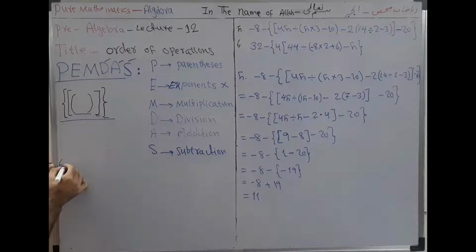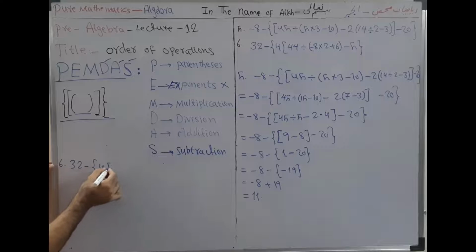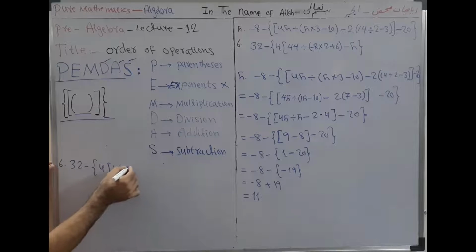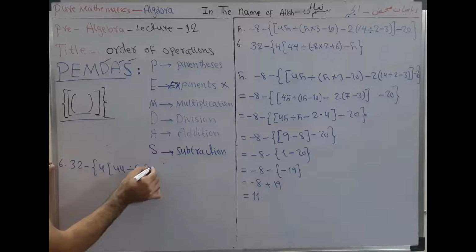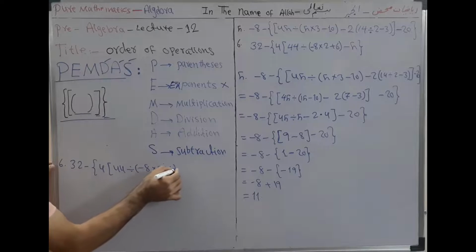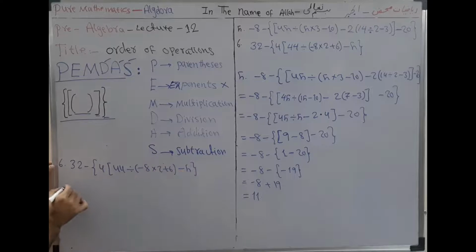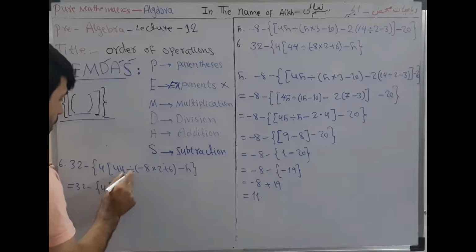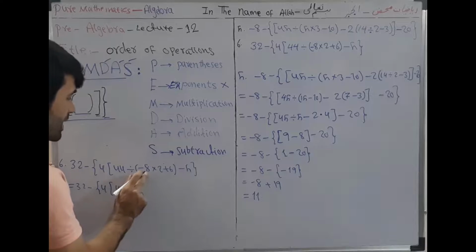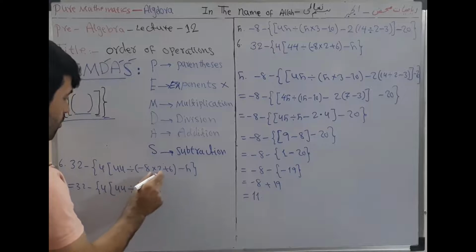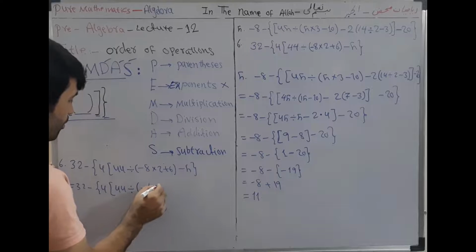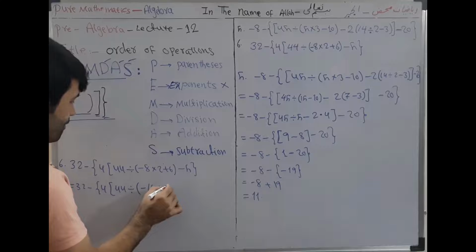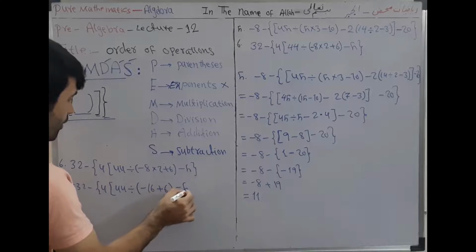Question 6. 32 minus 4 multiplied by 44 divided by minus 8 multiplied by 2 plus 6 minus 5. It is equal to 32 minus 4 multiplied by 44 divided by minus 8 multiplied by 2, which is minus 16, plus 6 minus 5.